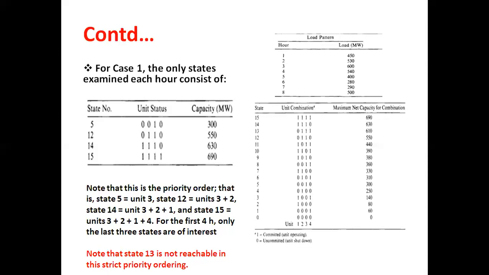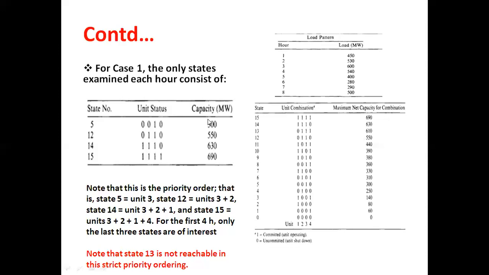Again, I am telling you, first we have to turn on unit 3. So unit 3 is on at state 5, and the maximum net capacity for this combination is 300, which meets the minimum load demand of 280. So state 5 is the feasible state.